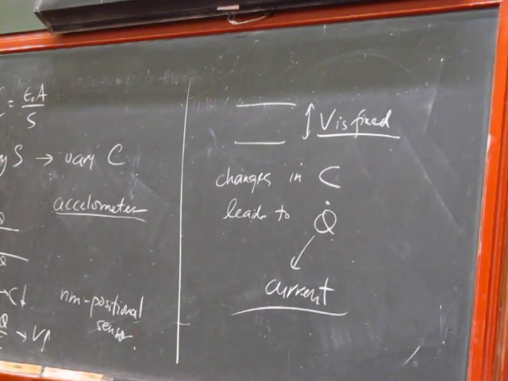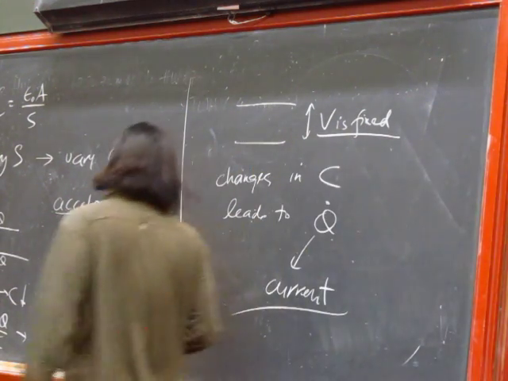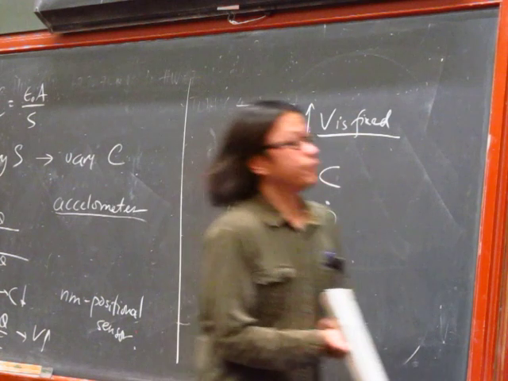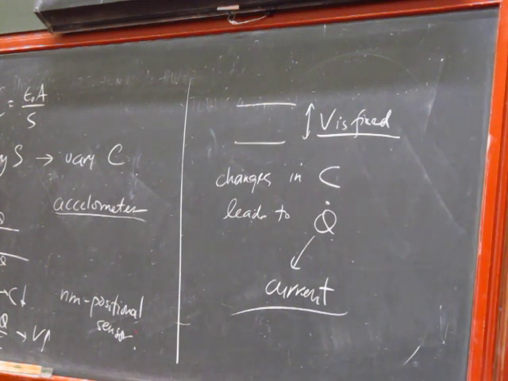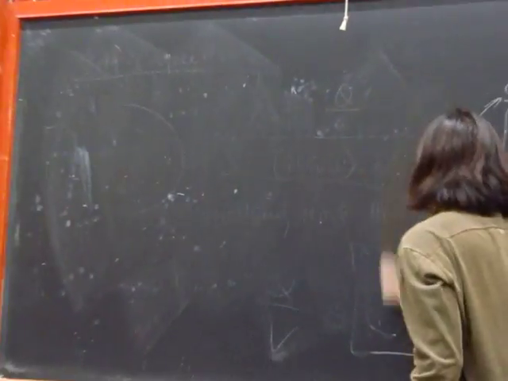Again, capacitance depends on the size and the shape of the conductor. The other two examples that are very symmetrical are standard examples.